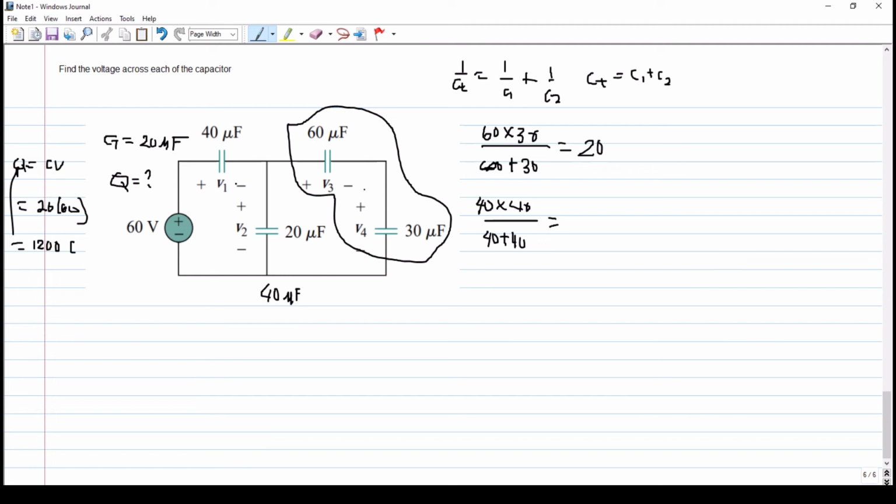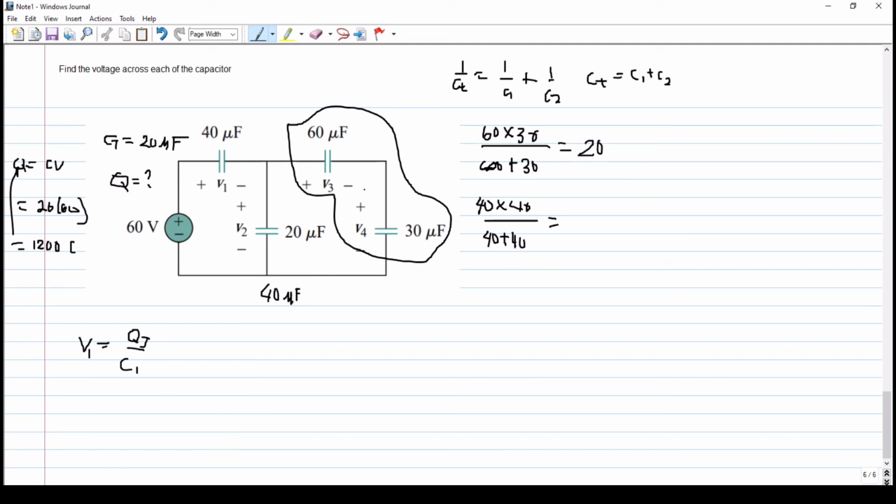Okay, to find the V1, which is the voltage in V1. So take note that this is equal. The charge is like a current in the resistive circuits. So therefore, V1 is equals to QT over C1.